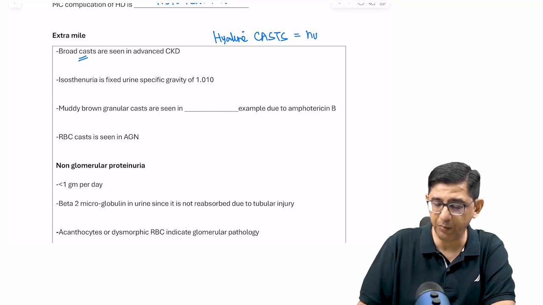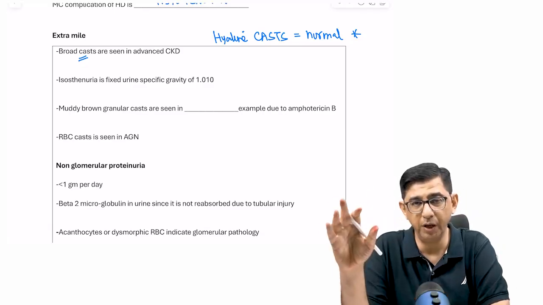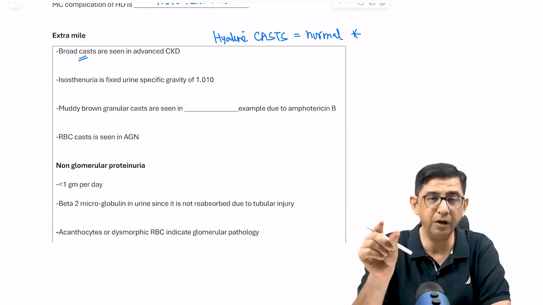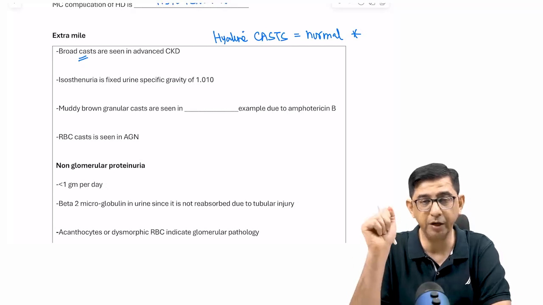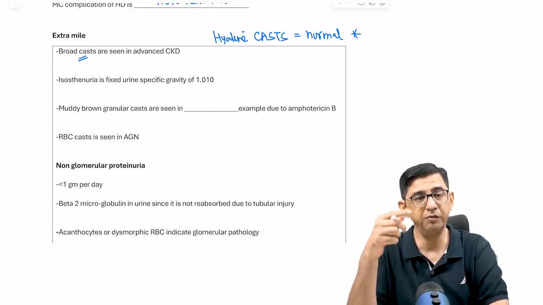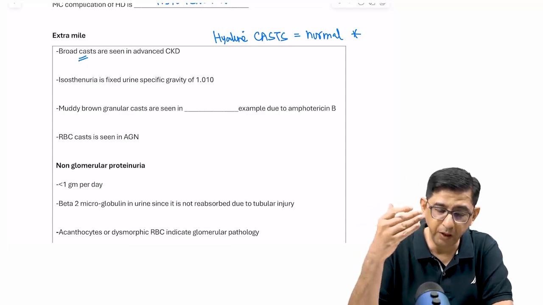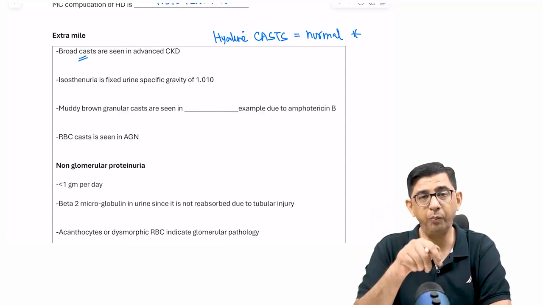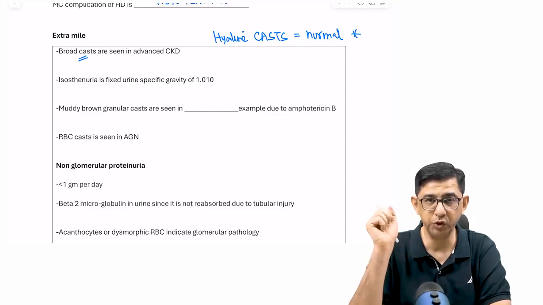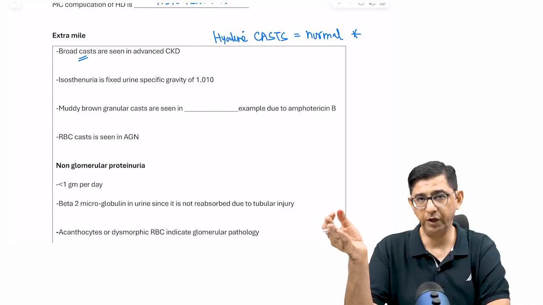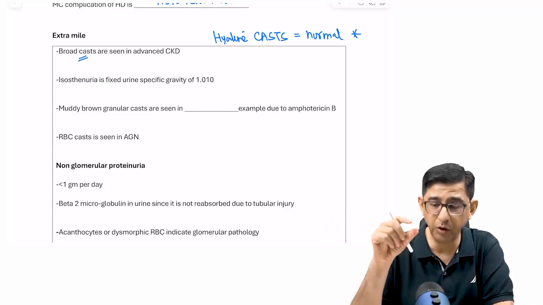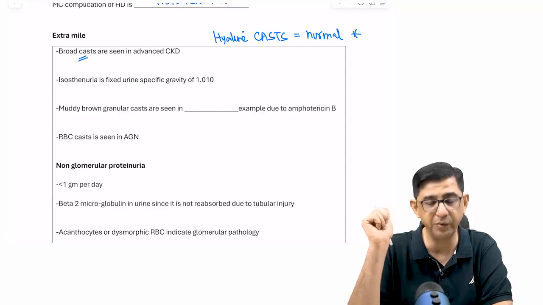These are perfectly normal, composed of Tamm-Horsfall protein. But if the caliber of these is bigger, broad casts, that indicates CKD. In CKD, we don't have smaller casts, we have broader casts. The remaining nephrons will show a compensatory enlargement in the tubules to take over the function of the damaged kidney. So we don't have narrow or smaller casts, we have bigger casts present.